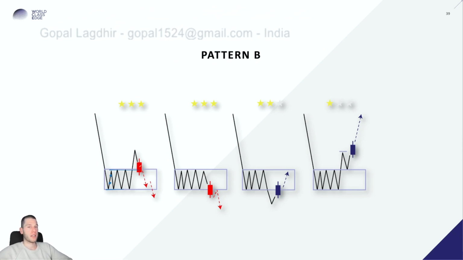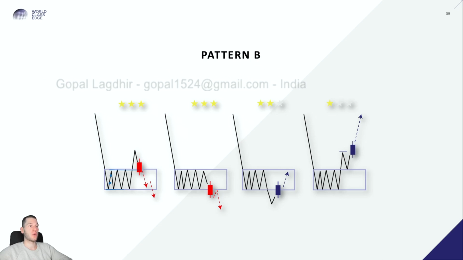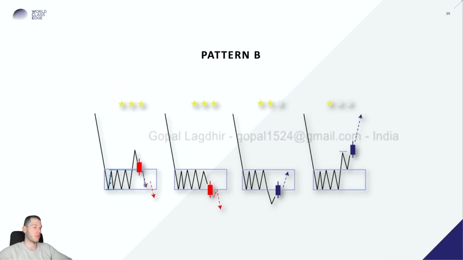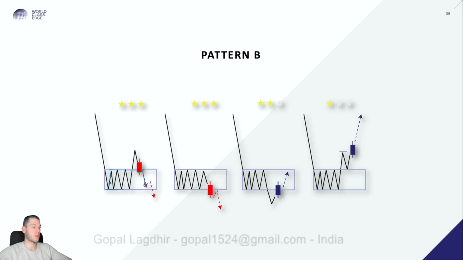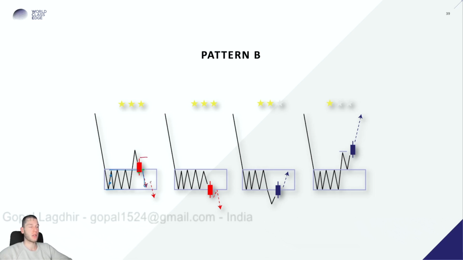If we have a break-in, it's the same scenario. Either we can enter at market or we wait for a pullback and continue downwards. So we have our entry over there. We enter at the close or at the pullback, and we put our stop loss above this candle.